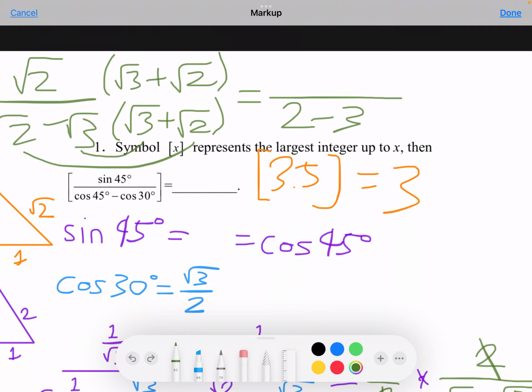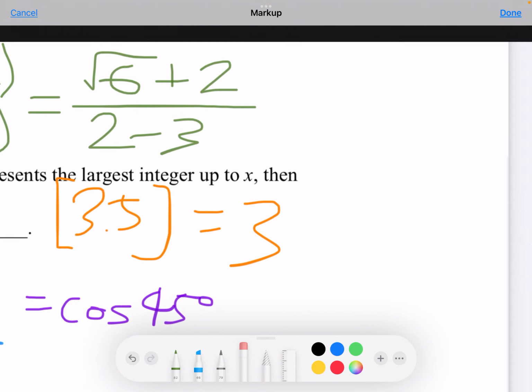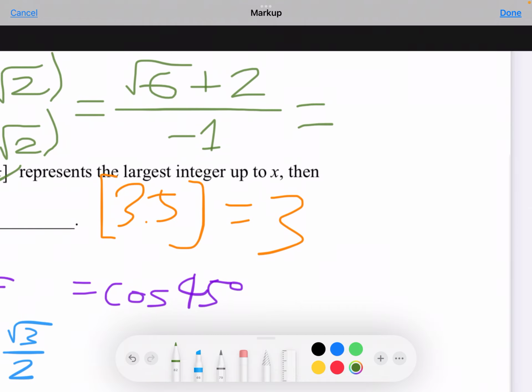For the top, we'll have square root of 2 times square root of 3, which is square root of 6, and then we have just 2. So in the end, you'll divide by negative 1, which will give you negative 2 minus square root of 6.